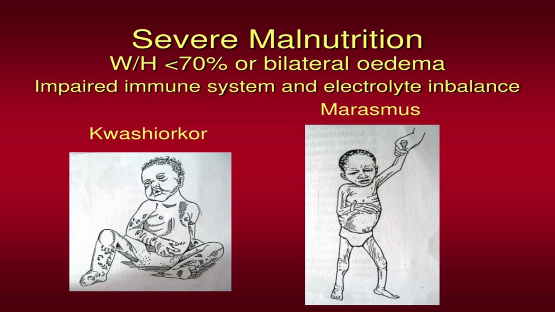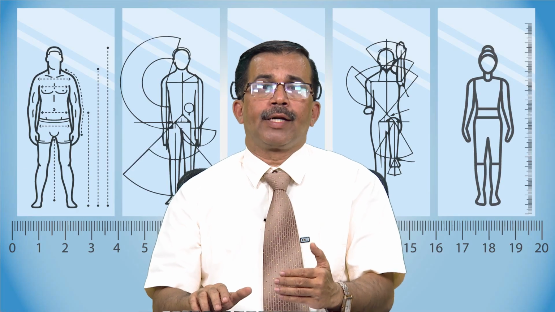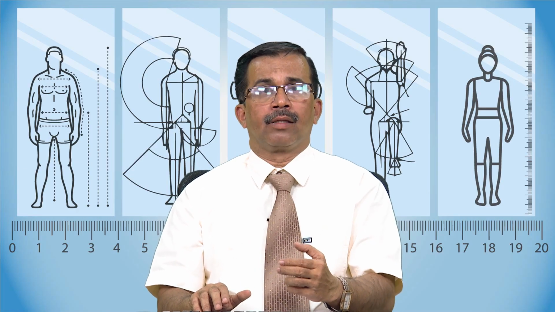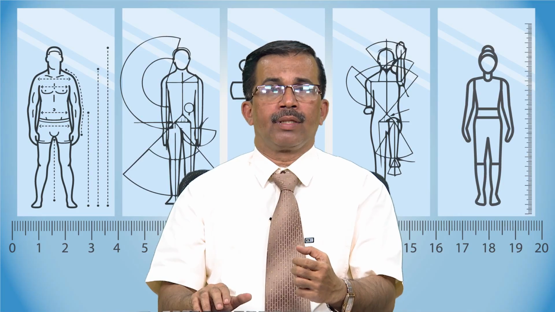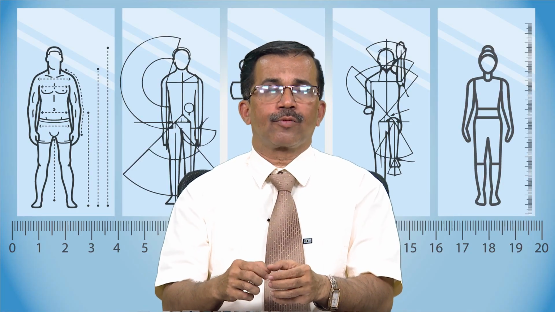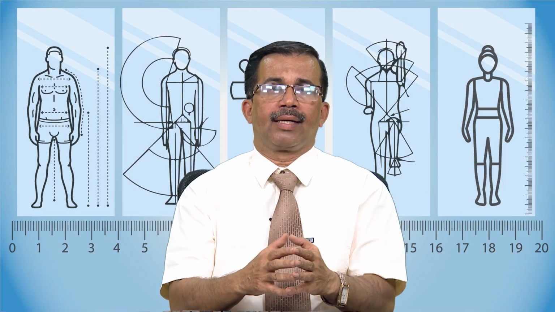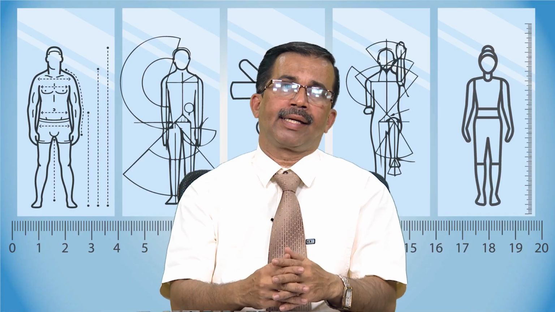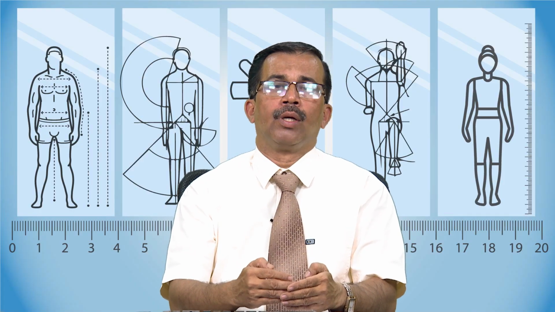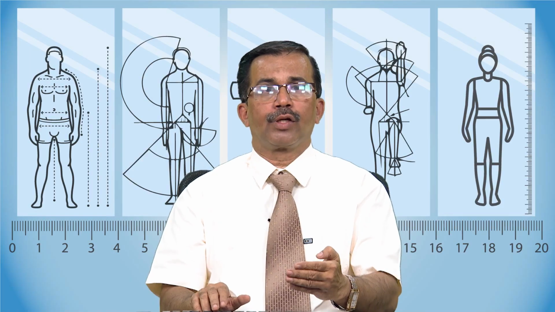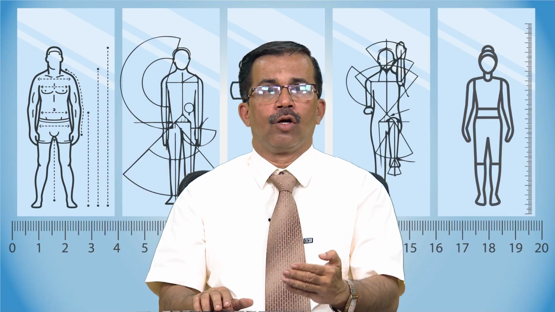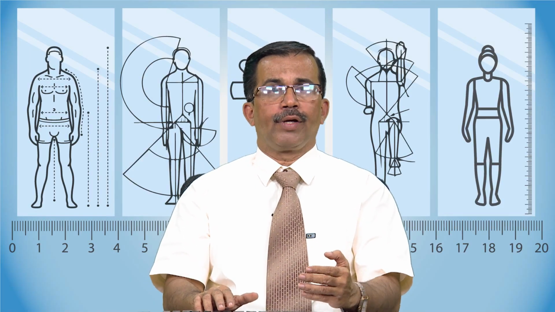Coming to the next thing, what the anthropometric indicators would help you with, the last thing in this module, is how we have seen that these anthropometric indicators will help you to judge the nutritional status of a child or of an adolescent. Now, how to interpret these?